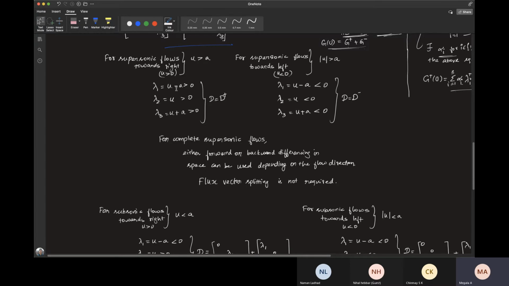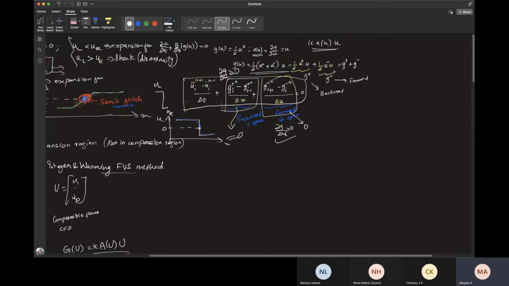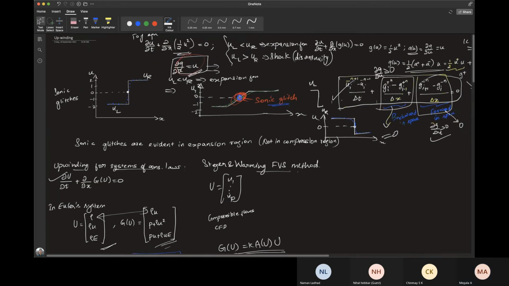So in that case, flux vector splitting is really not required. If you know that your flow is going to be supersonic everywhere in the domain, then depending on the sign of the flow velocity, that is, depending on the flow direction, you can take either forward differencing or backward differencing in this expression. Okay.